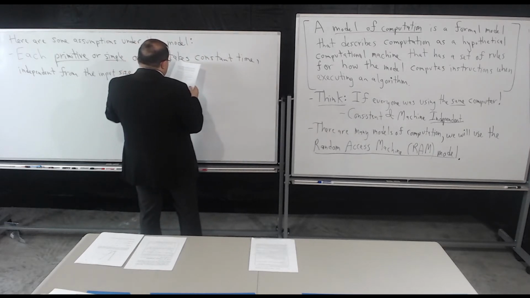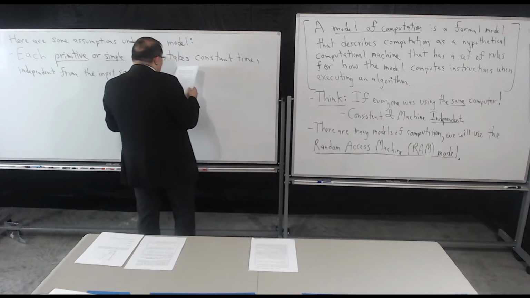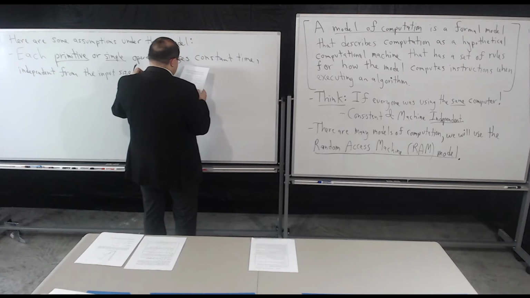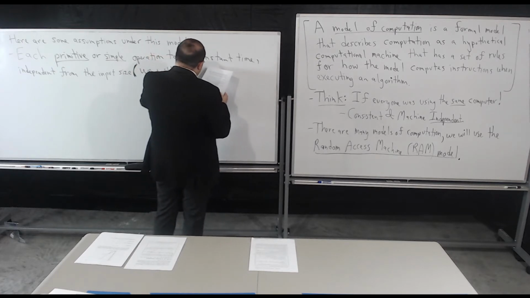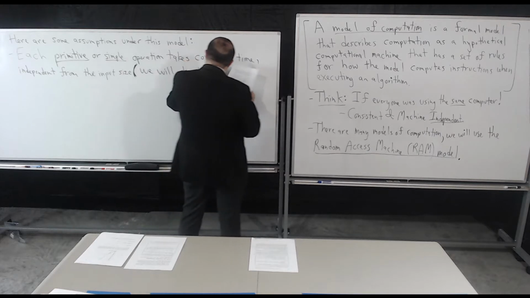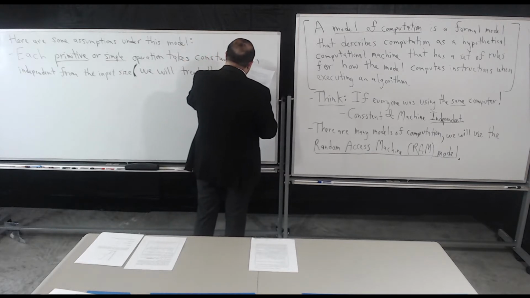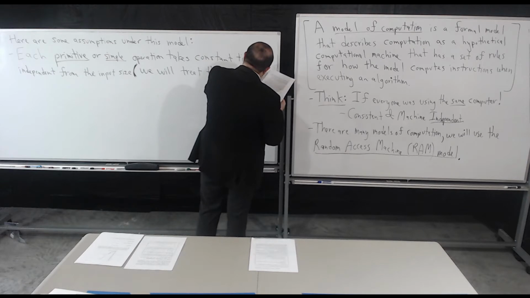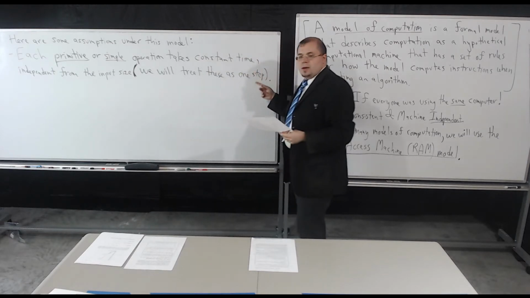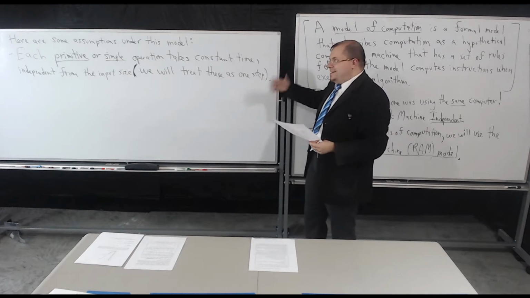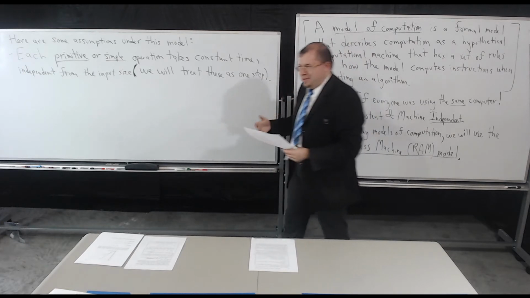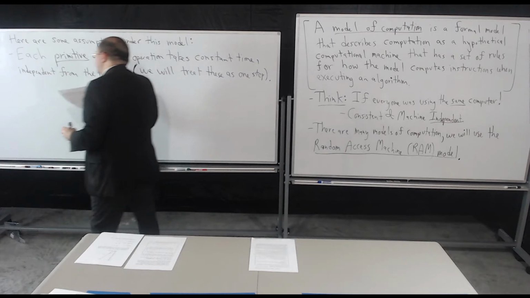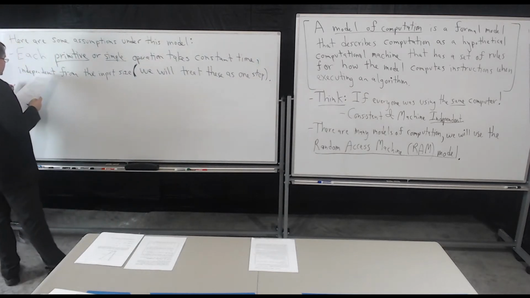I'm just going to mention, and this is just a consequence of how we're going to do our analysis later, we will treat these as one step. For now, I'm just going to assume some constant time. But later on, you're going to see that really we can just treat them like one step. And you'll have a better understanding of why this is the case when we get there.